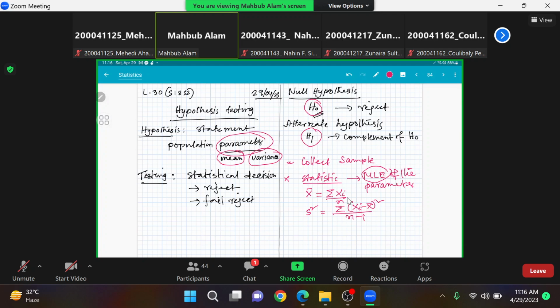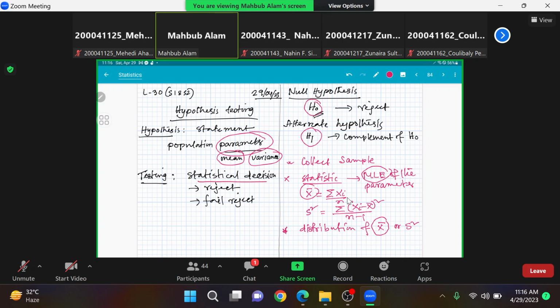Now, once we have the statistic, we need to know its distribution. This is very important: the distribution of X bar or S squared. Once we know the distribution of X bar, we can take the statistical decision. How?